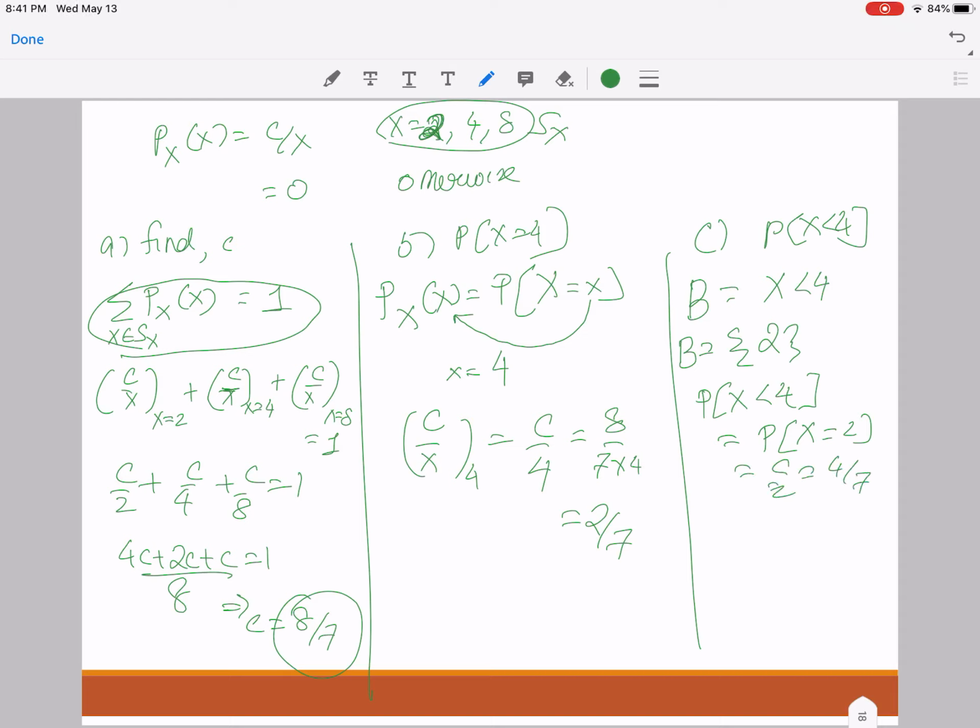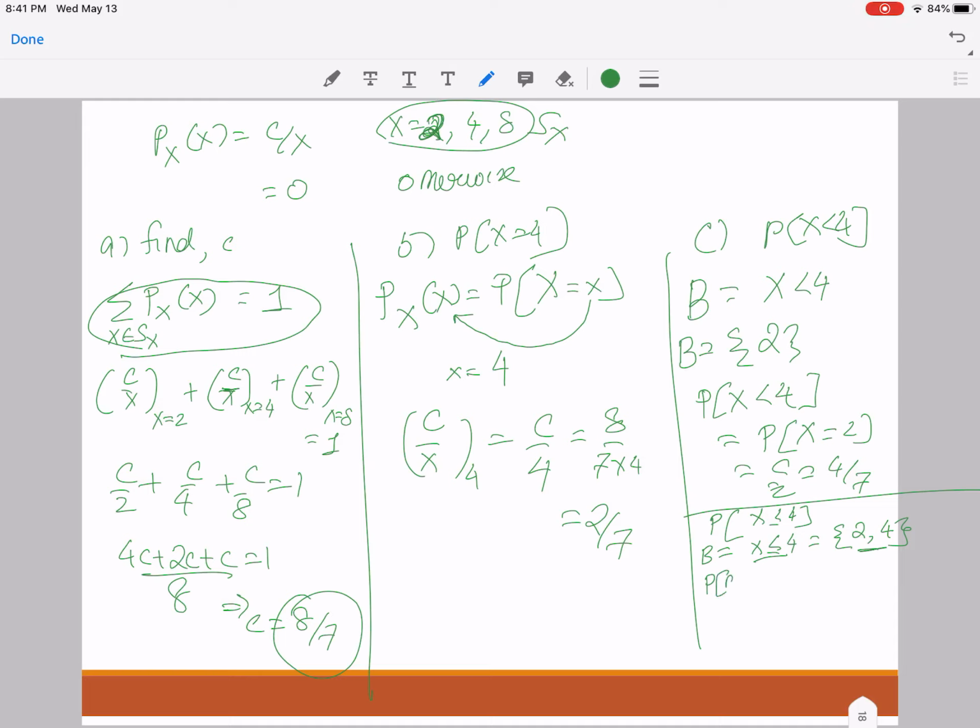This problem would have been much more interesting if I had this form: what is the probability that X is less than or equal to 4? So let B be the event which denotes that X is less than or equal to 4. Then in that case, B is going to have two outcomes from the sample space, 2 and 4, because these two values satisfy the condition X is less than or equal to 4.